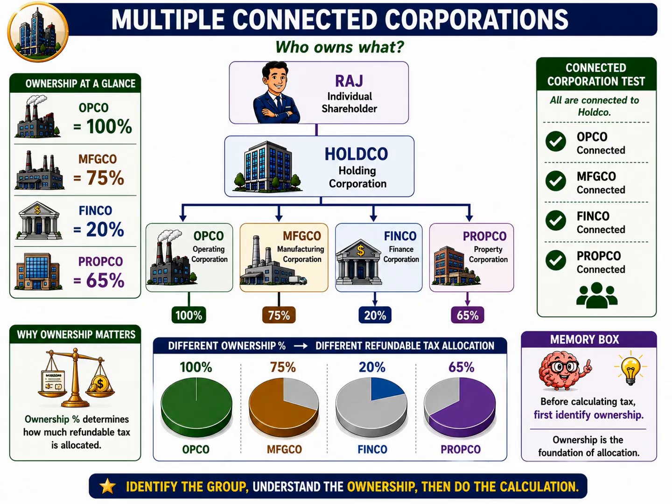In the simple examples we studied earlier, ownership was 100%. So the entire refundable tax balance moved freely through the group. But once multiple corporations and different ownership percentages are introduced, allocation becomes necessary. The memory rule for this slide is simple. Before calculating tax, first identify ownership.